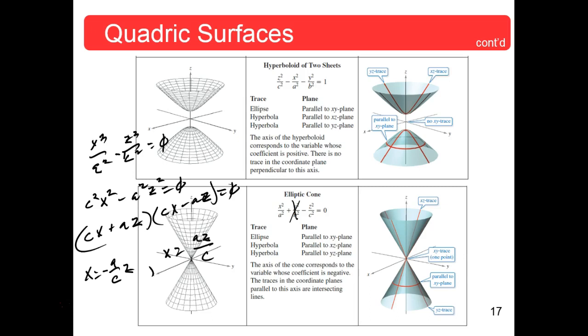But if you're right on the axes, they just degrade down to straight lines. They don't say that here. Ellipses this way, hyperbolas this way or that way. So that's your elliptic cone.